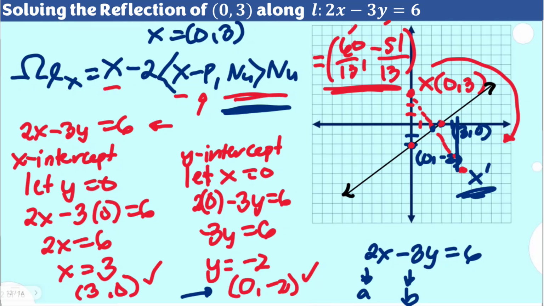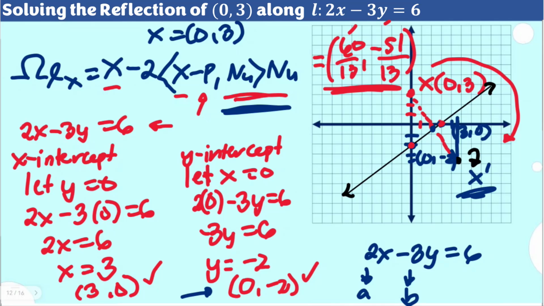And negative 51 divided by 13 is negative 3.9, so 1, 2, 3, almost 4. So basically our point is just this one here. This was our reflection. Our assumption earlier was quite far, but nevertheless, that's why we are doing this, to illustrate its location. So our x prime is somewhere here.